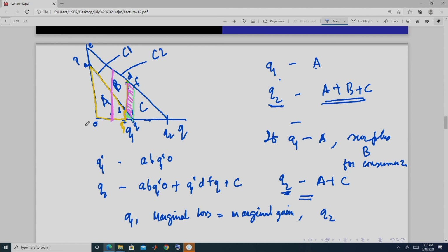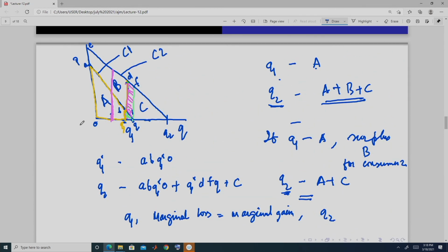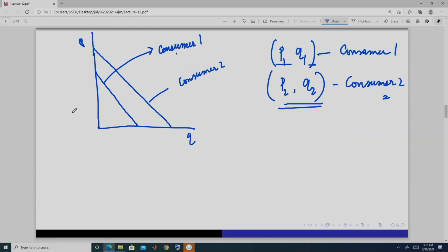But here we may have a problem. The problem is that now think of a situation like this. Let me use this portion a little bit. Suppose the demand curve is like this and the demand curve is like this.